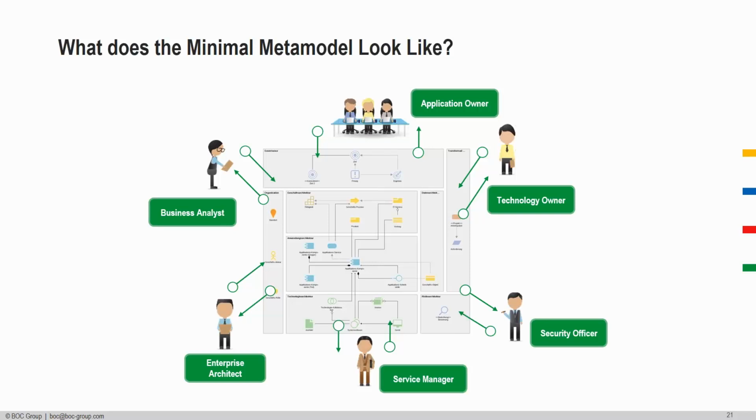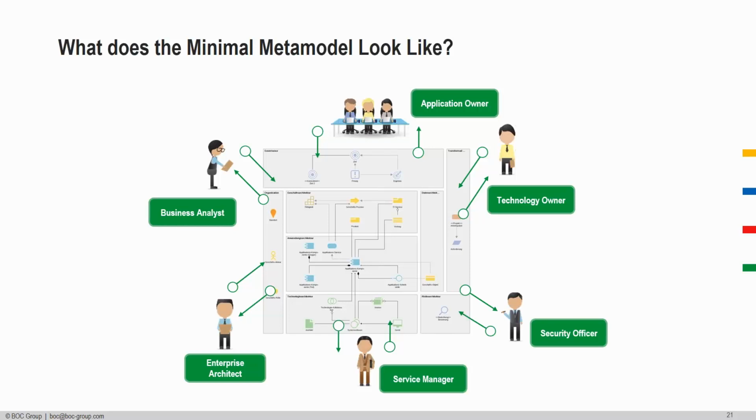So with the defined language that you use, you need to be able to satisfy the enterprise architect, who is overseeing everything that's going on, but also the needs of the business analyst, or maybe the application owner, who's going to be responsible for just a portion of the application portfolio, which will obviously then need to be addressed as well.